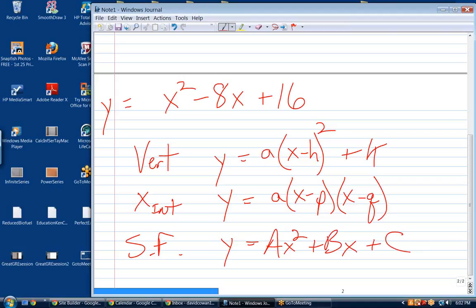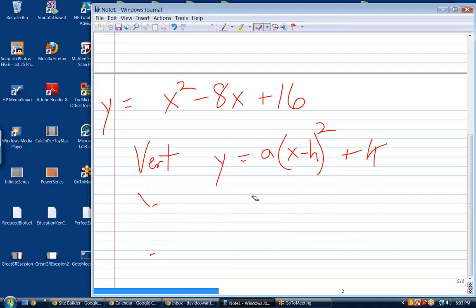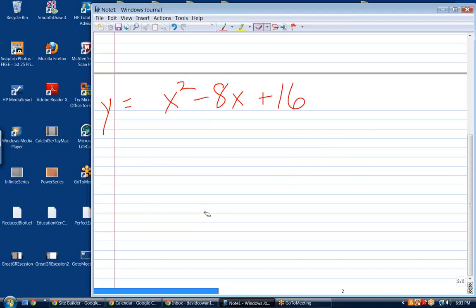So to me, those are the 3 different formats. And like I said, I have heard people call the vertex format the standard format before. So I want you to convert it to this vertex format? Yeah. That almost always involves completing the square.